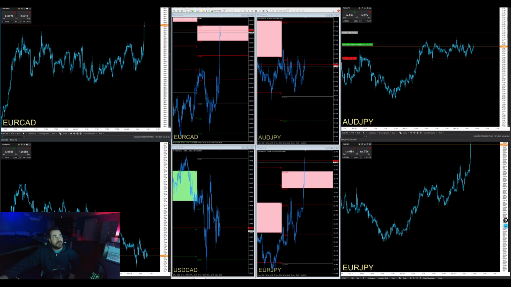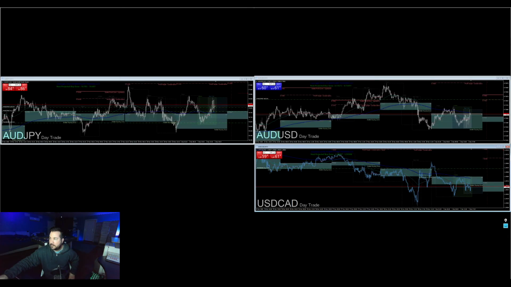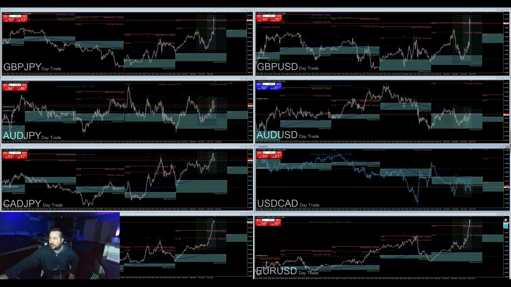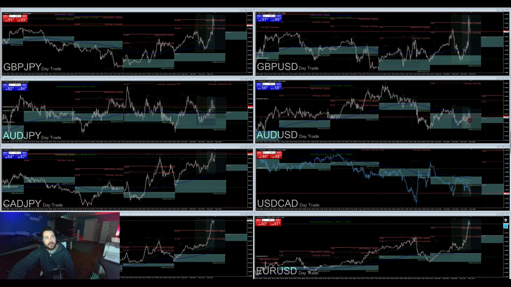Sitting about break even still on the Australian yen. I'm glad I had my reduced stop on the EuroCAD. Just taking a look here at the Australian US dollar.